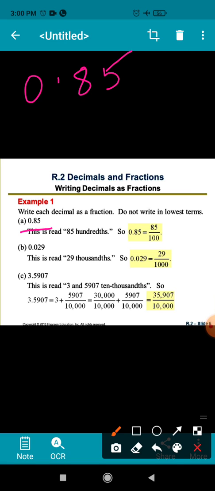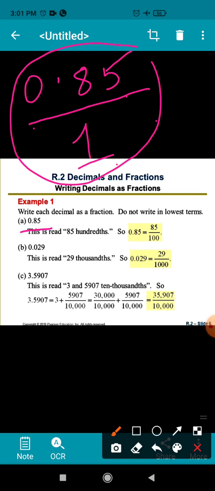0.85. What you will do? You will write 1 as a denominator. Children, you all know that when we divide any number by 1, the answer doesn't change. So, you will divide this number by 1 and change this decimal number in fractional number.